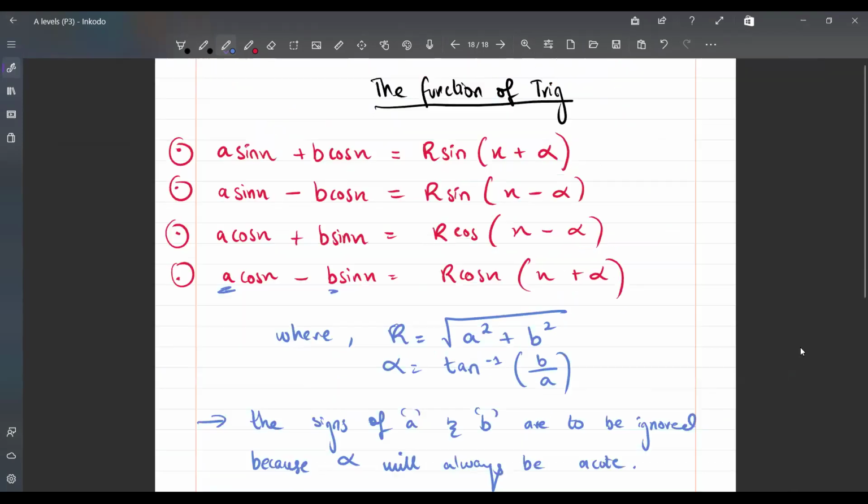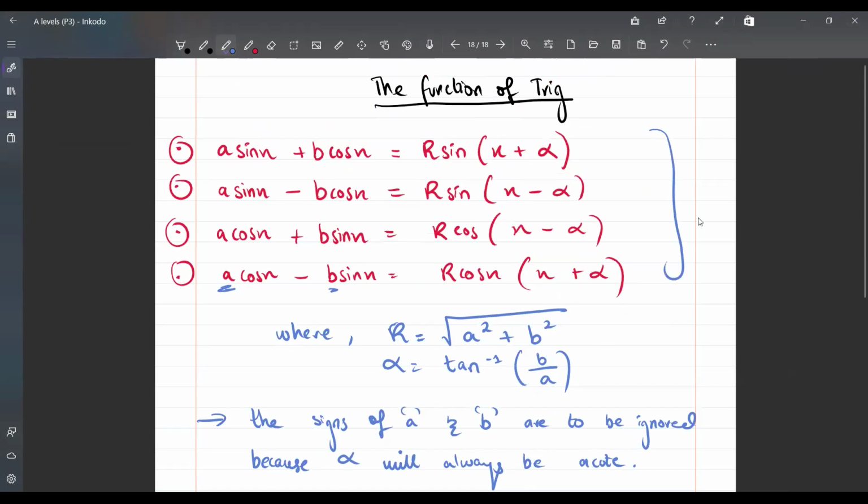So this is something you need to remember by heart. In fact, most of the time the question usually asks you to convert into this form first, and then you have to solve it further. But if it does not ask you, then you surely have to remember this.